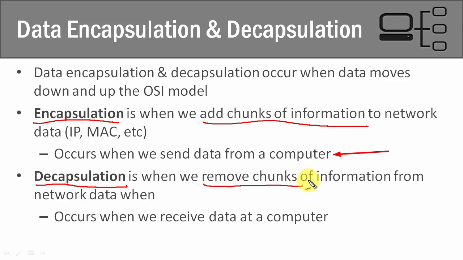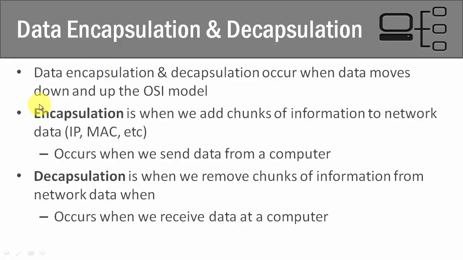By the time it gets up to the very top of the other end, where the user receives that data and information on their computer, all they receive is the information that needs to be outputted, and none of those extra chunks of information such as our IP addresses, our MAC addresses, and our encryption and all that other stuff.